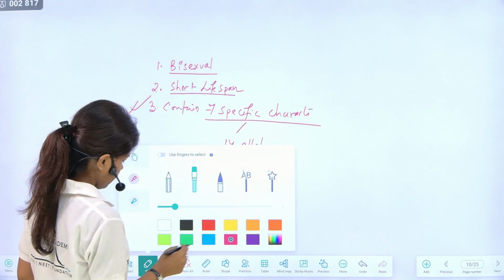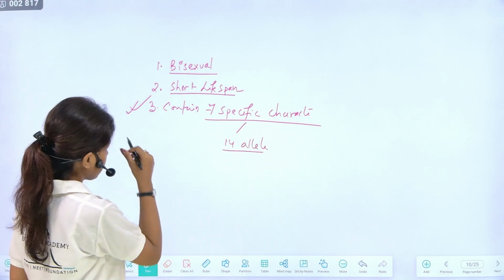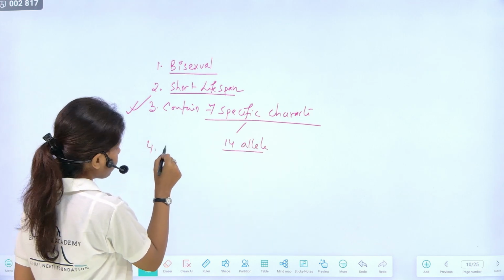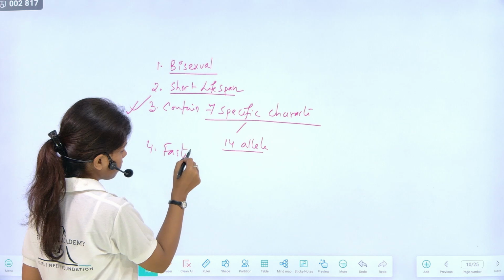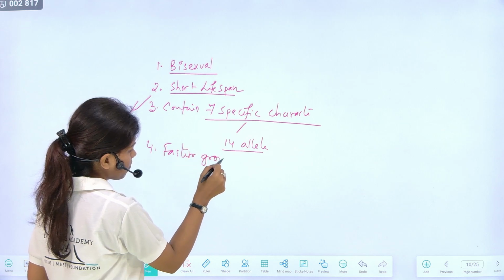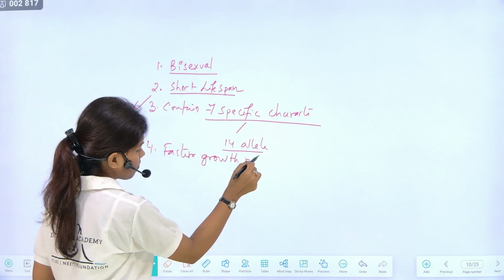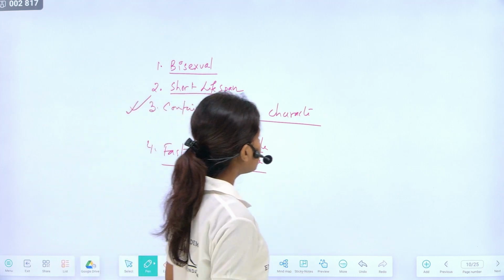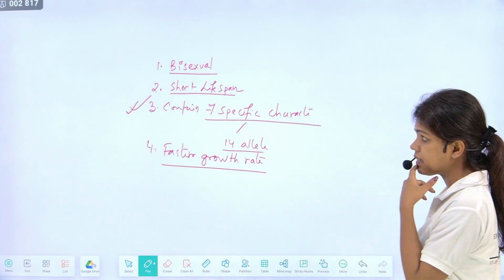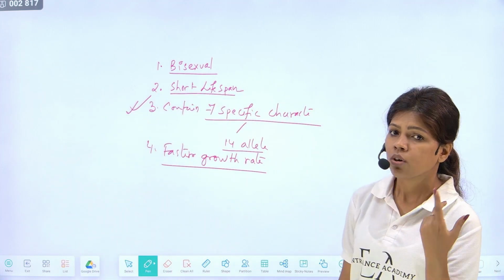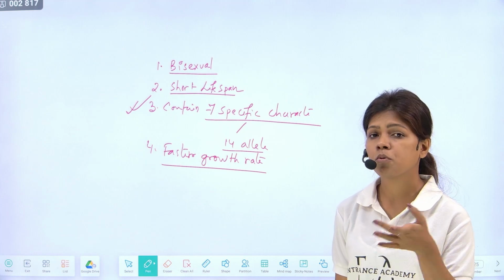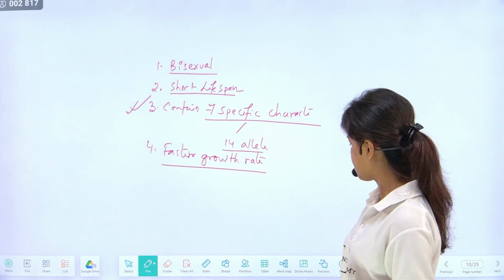Next, faster growth rate. So these are the probable reasons Mendel selected the pea plant for performing the experiments of monohybrid and dihybrid cross.